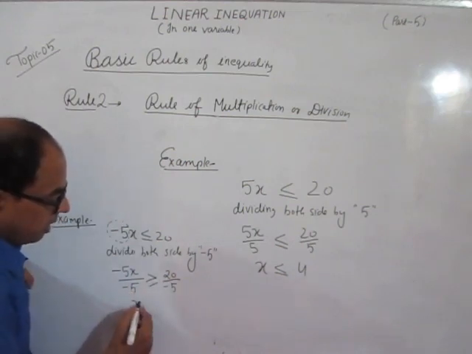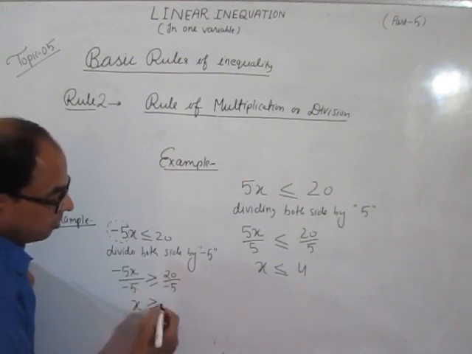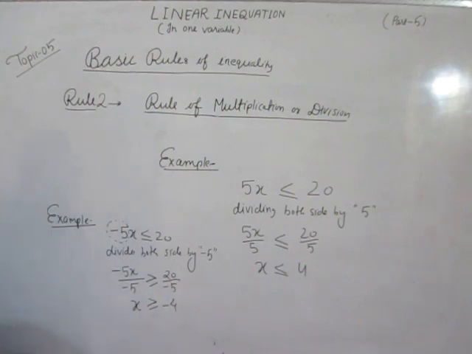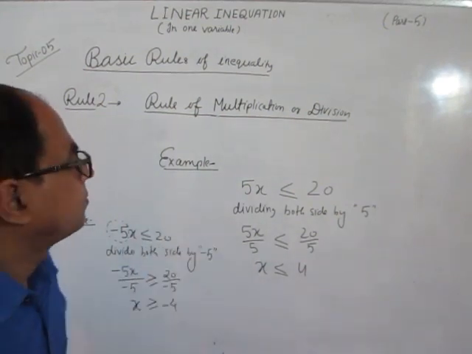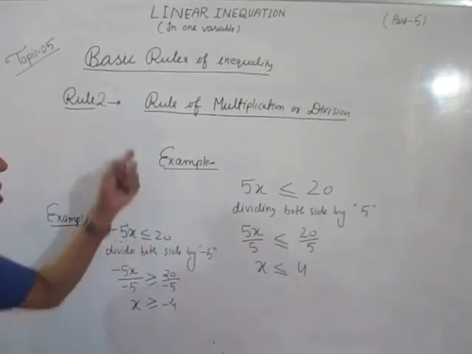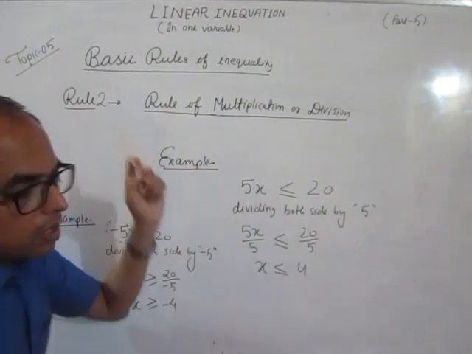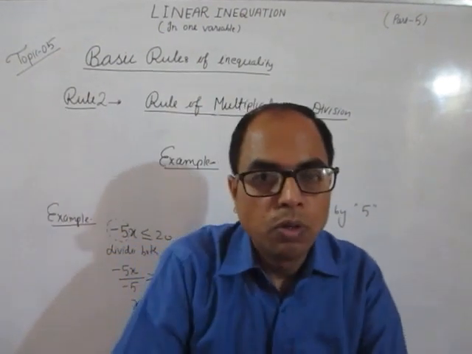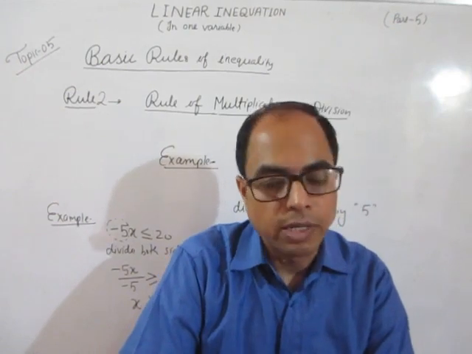So it will be x greater than or equal to, and this minus will remain the same, 20 by 5, 4. So from these two examples, it is clear that this rule helps us to remove the coefficient of a variable.